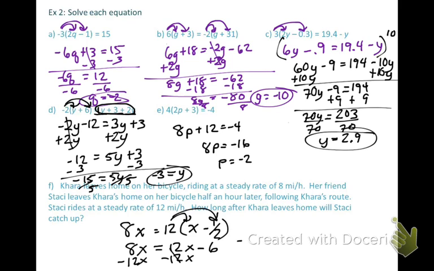So it's going to be negative 4x equals negative 6, divided by negative 4. So x equals 6/4, or 1 2/4, which is 1 1/2.